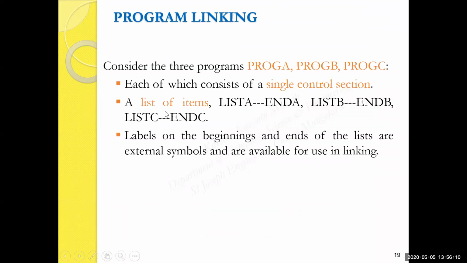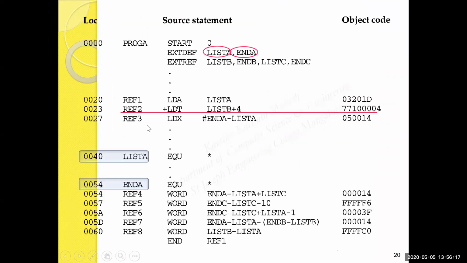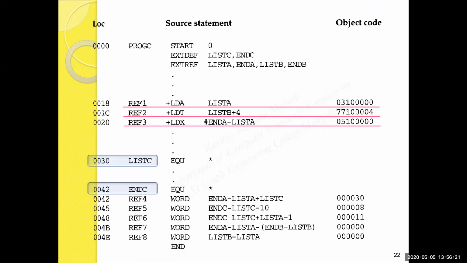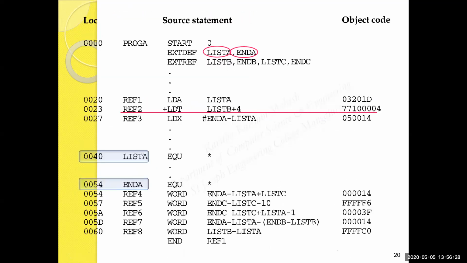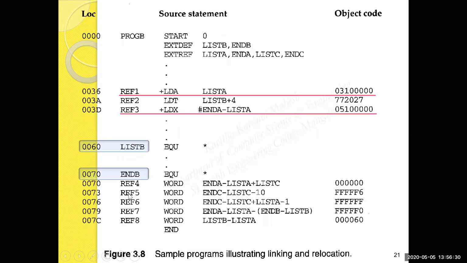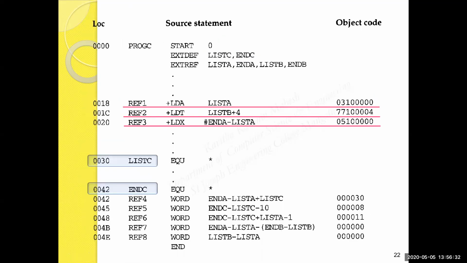Each program contains a list of items, namely list A, list B, and list C. It has list A in program A, list B in program B, and list C in program C, with the ends of the lists marked by the labels NA, NB, and NC.